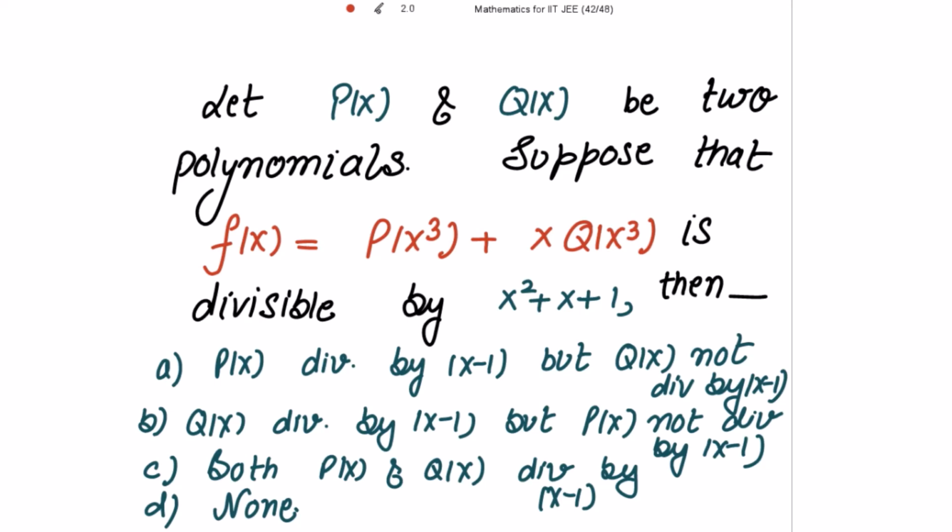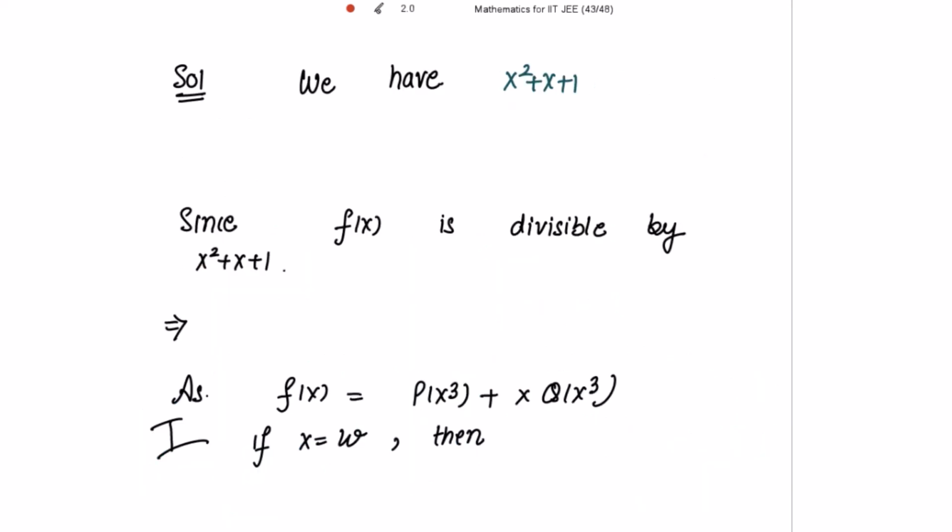So let's find out. As it is given that f(x) is divisible by x² + x + 1, what are the factors of this polynomial? We know that x² + x + 1 is equal to (x minus omega) into (x minus omega square).